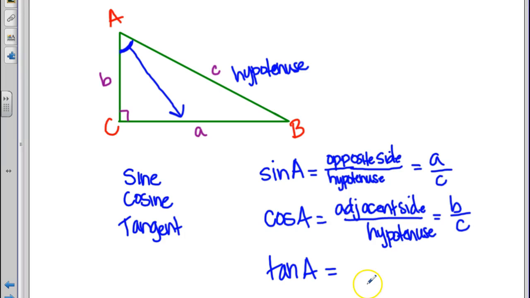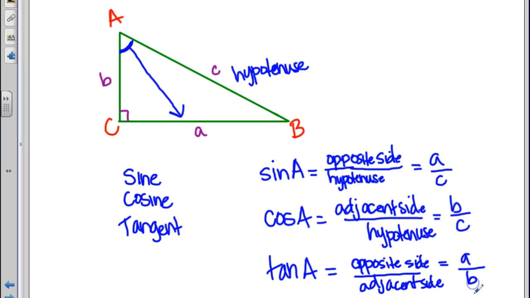Tangent of angle A is opposite side over the adjacent side. And when I say angle measure, it could just be a letter, but that's what that letter represents. That's what the variable represents. And so opposite side is A, adjacent side is B, so that is A over B in our case.